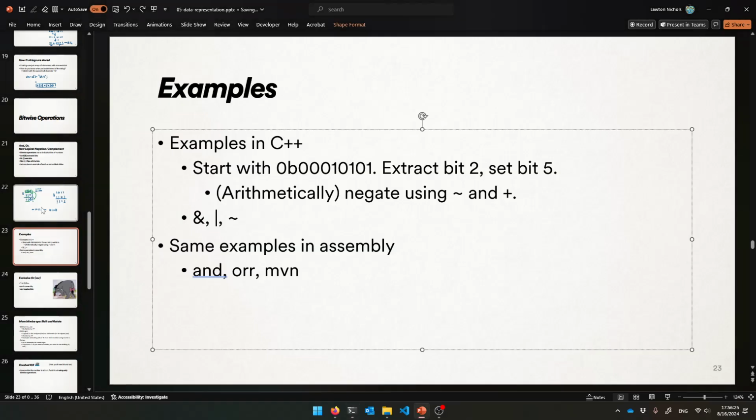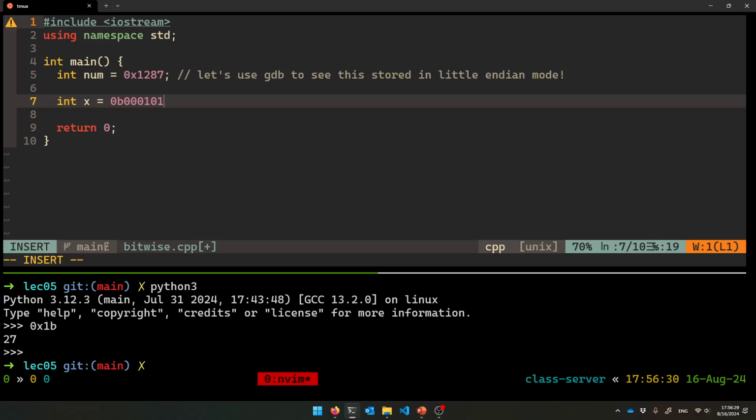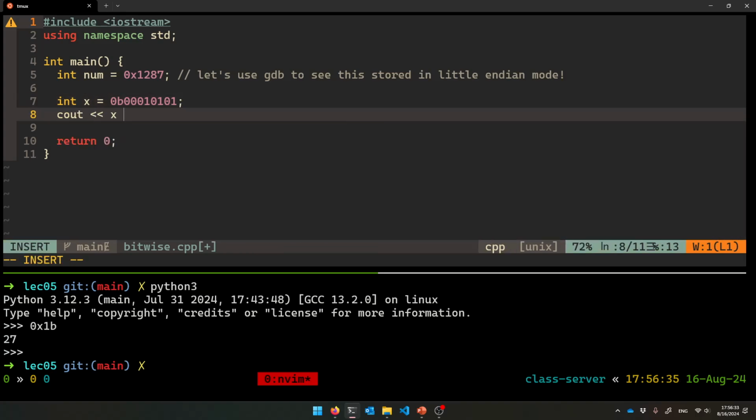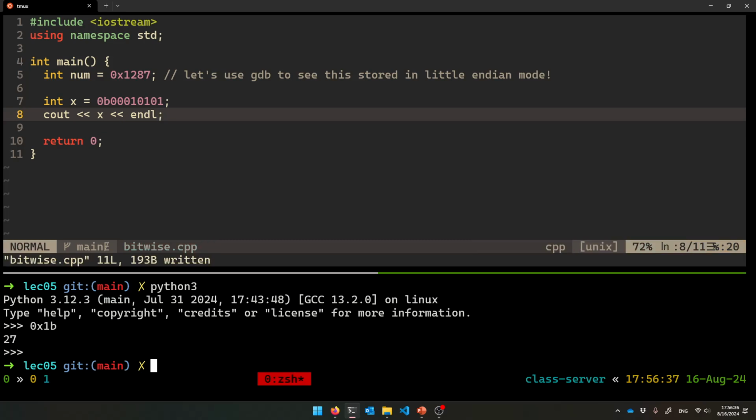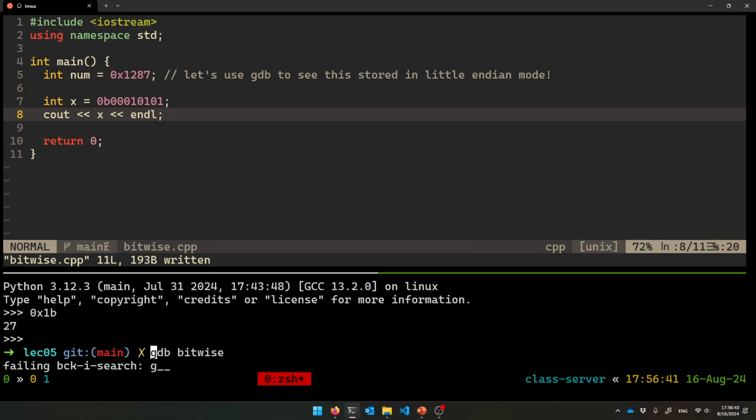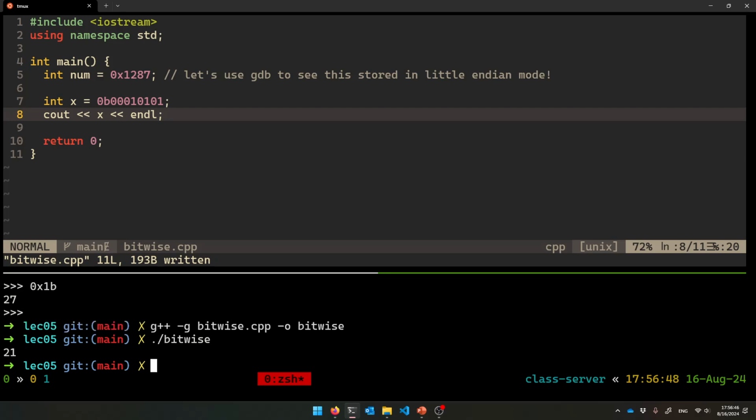So 0b, 0, 1, 0, 1, 0, 1. All right, that's my number. Let's see what it is. cout x. So g++, compile it. I can actually run it now because it's going to print something. And apparently that's number 21.